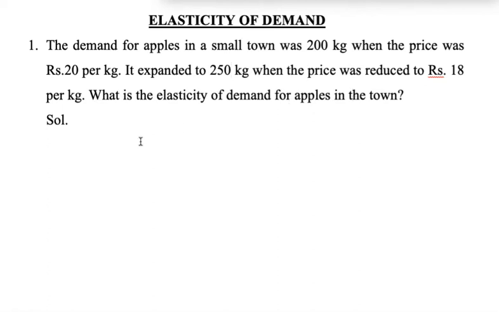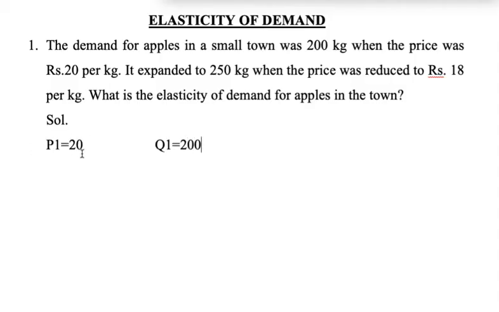So what we have to find out? We have to find out the elasticity of demand. So let us find it out. Now we know, first of all, when price P1 was 20 rupees, the demand Q1 was 200 kg.